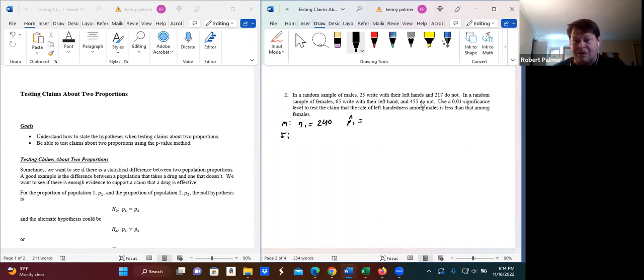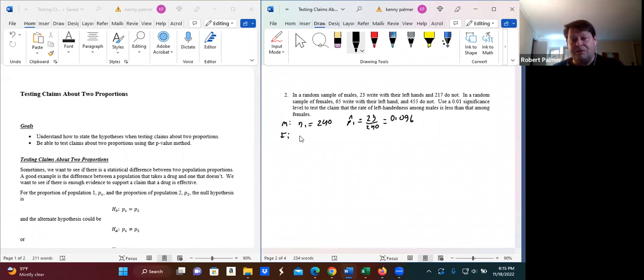The question is about left-handedness, so it's 23 out of 240. Let's do 3 decimal places in this case, so this is 0.096. So almost 10%, about 9.6%.